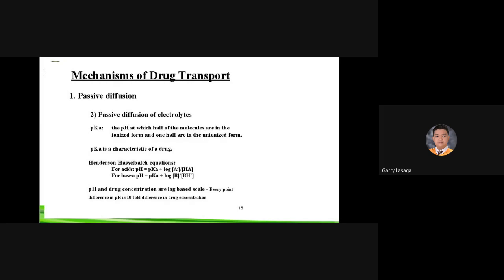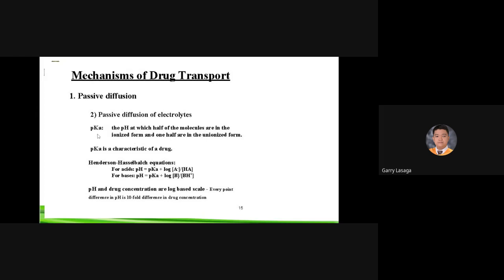So again, when we compute the Henderson-Hasselbalch equation, we take into consideration not only the protonated and unprotonated form of the drug and their logarithm, but we are also going to consider the pKa.